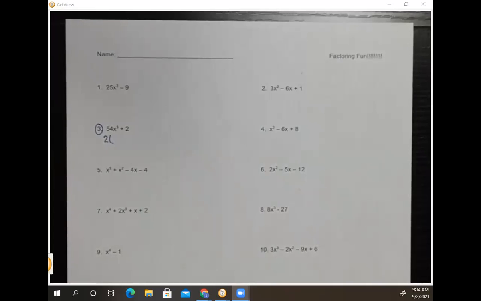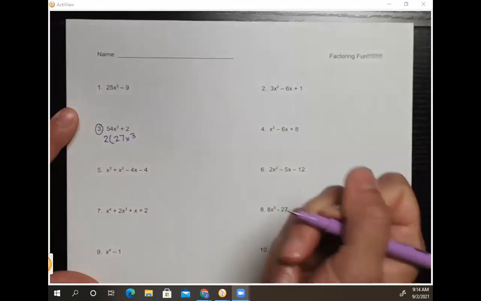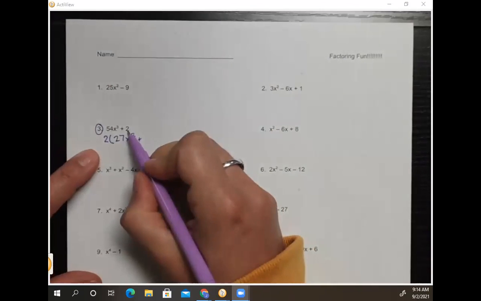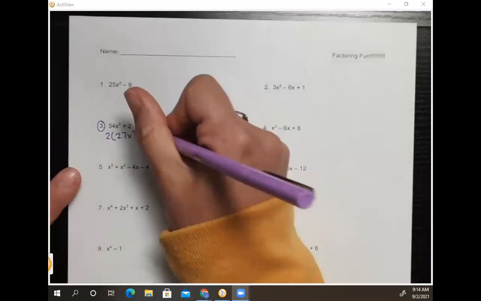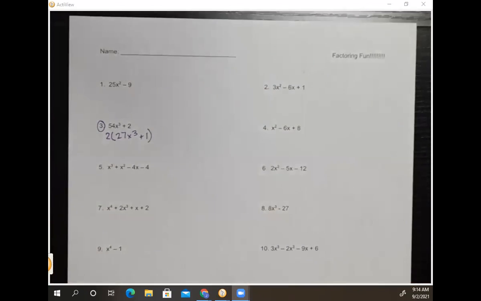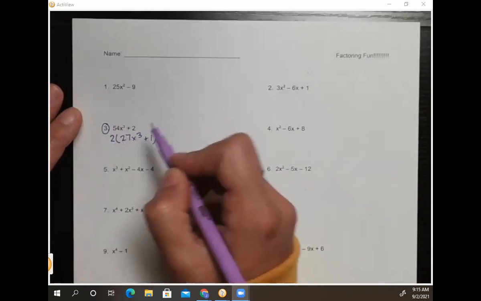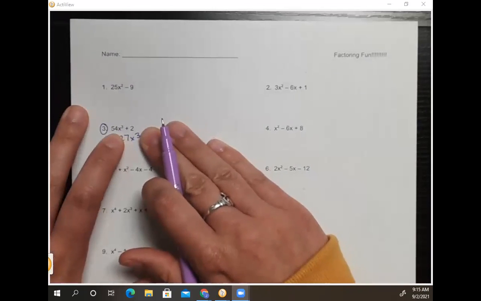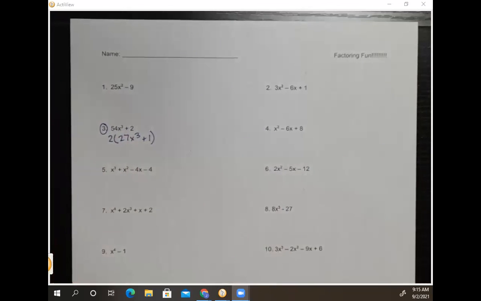And then the second part, let me drop this down first. 27x cubed plus, what do I get when I take 2 out of 2? 1. Yeah, that 1 is important. Because remember, when I distribute back, I should get the same thing. So if I were to multiply this back and I didn't put the 1, I would get the 54x cubed, but I wouldn't get the plus 2. So that 1 is important.